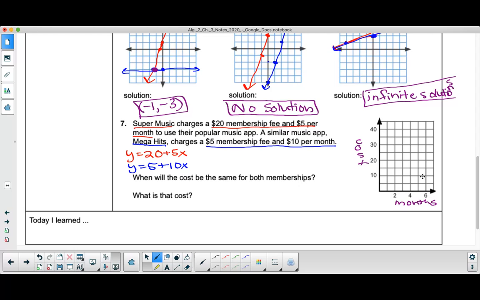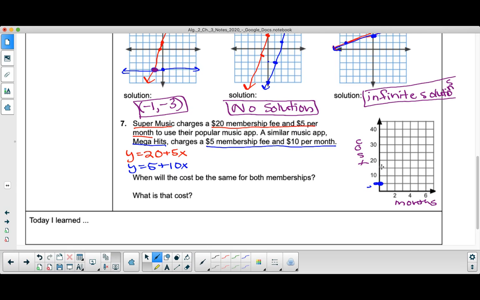Let's graph them. I'll graph Mega Hits first here since I already have the blue out. So we start at 5, and then it's going up $10 per month.